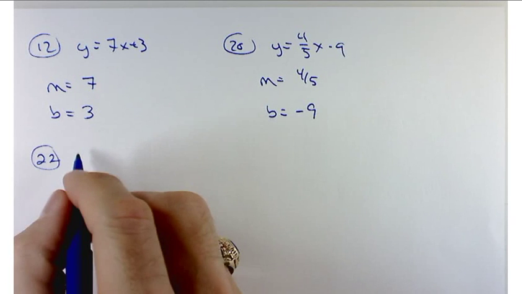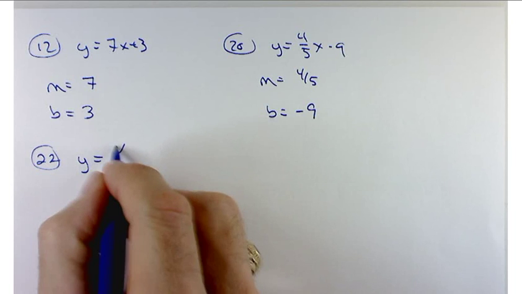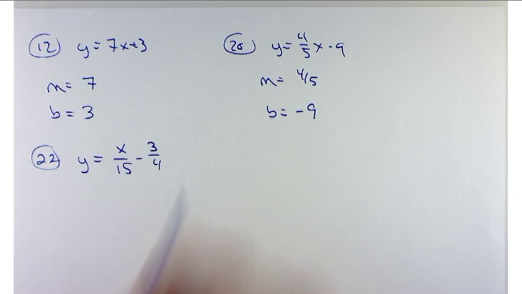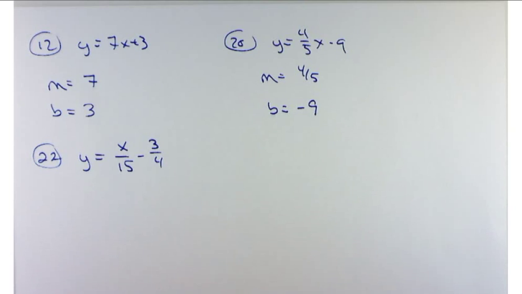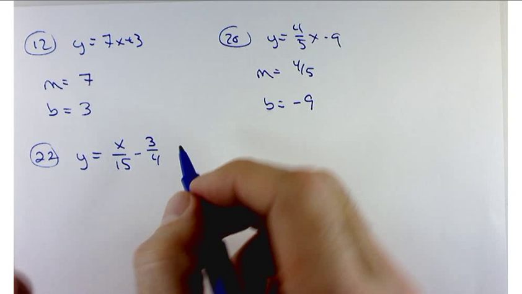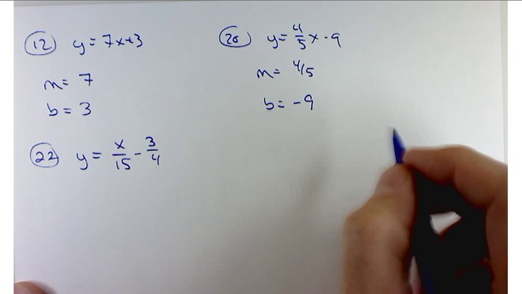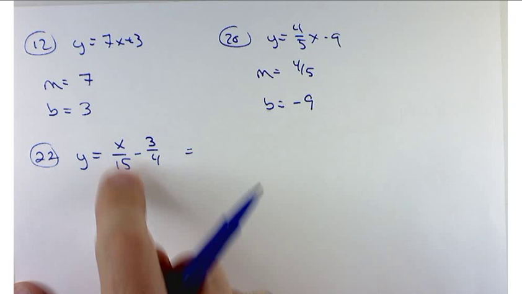Let's take a look at problem number 22. And the reason I want to look at 22 is because it's written a little bit different than you could write it. There's nothing wrong with writing it like this. But it might be more helpful if we realize that you could write x over 15 a couple different ways.